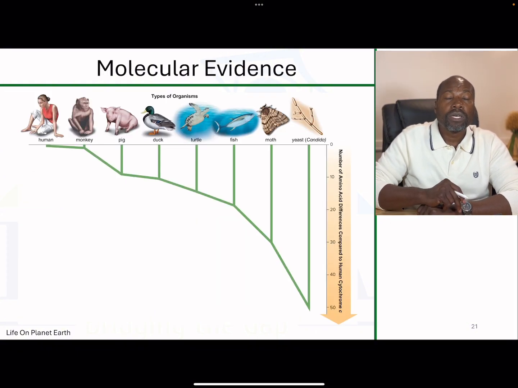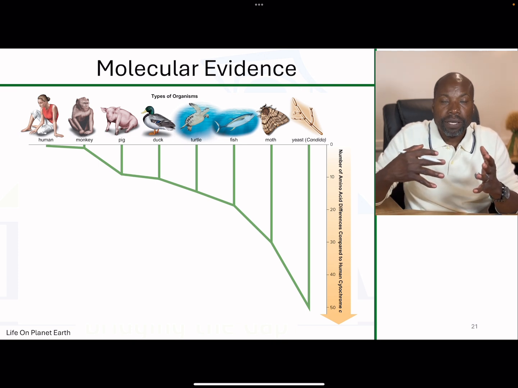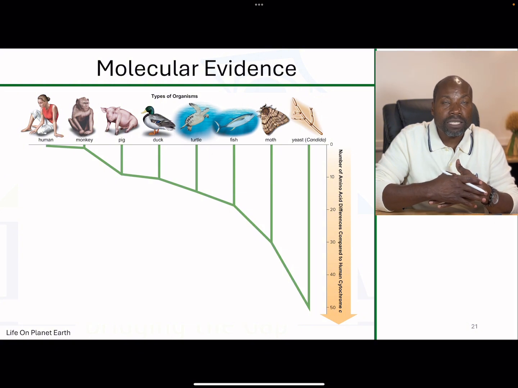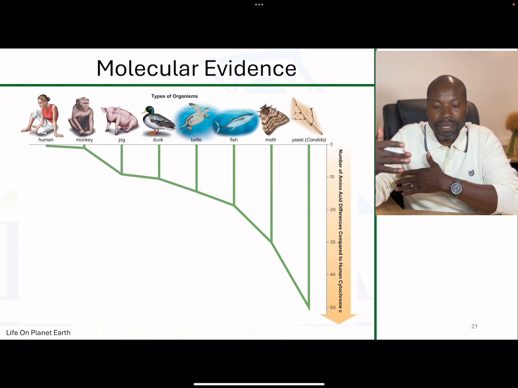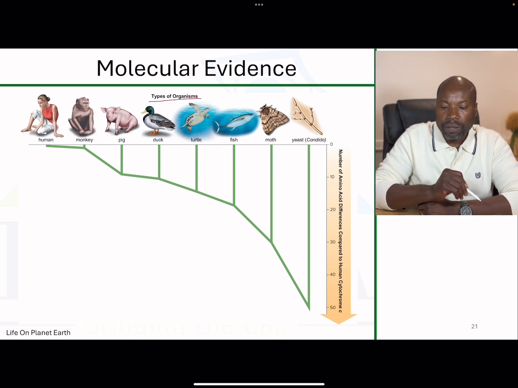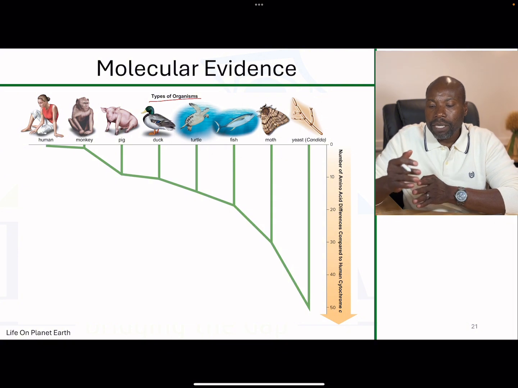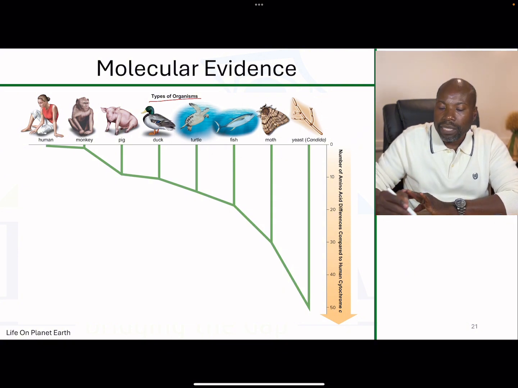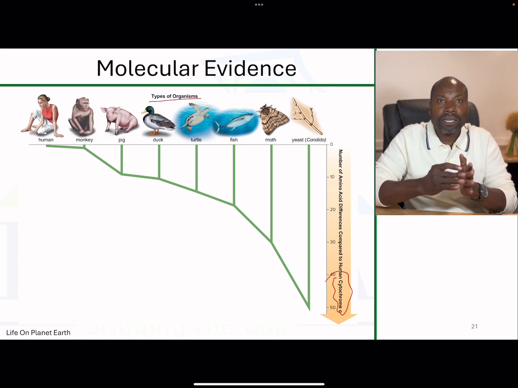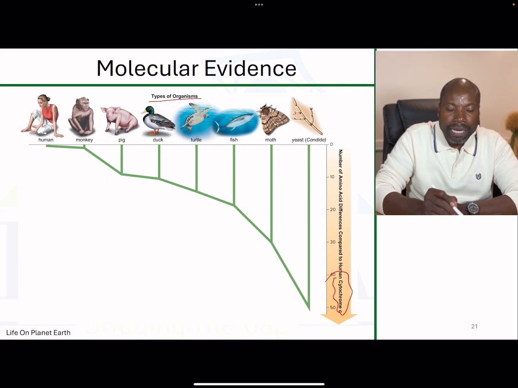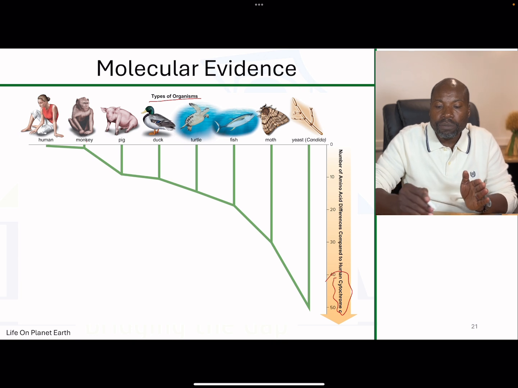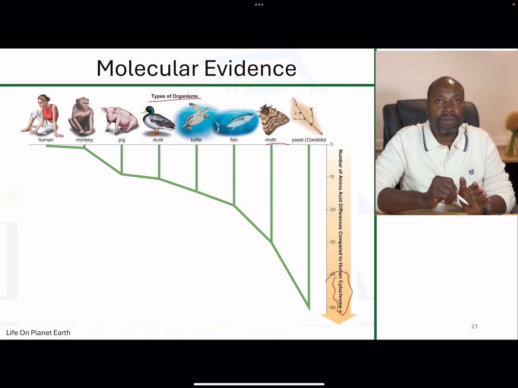Nowadays, we use a lot of molecular comparison between organisms to see how closely related organisms are and how distant they are, right? So when we look at the different types of organisms here, by comparing amino acids in a particular protein that we call cytochrome C, the analysis and the comparison show that human and monkeys have a cytochrome C that is more similar than the cytochrome C of a moth, right?